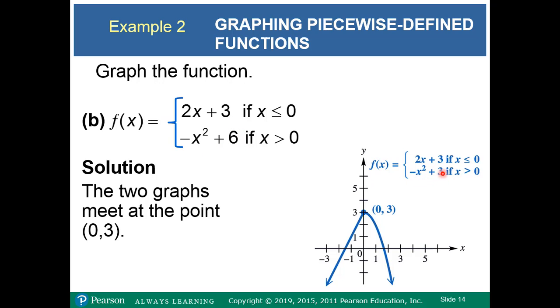This should be a 3 again. And it behaves like a parabola that opens downward. Oh, and it has an x-intercept located at the square root of what? Square root of 6.